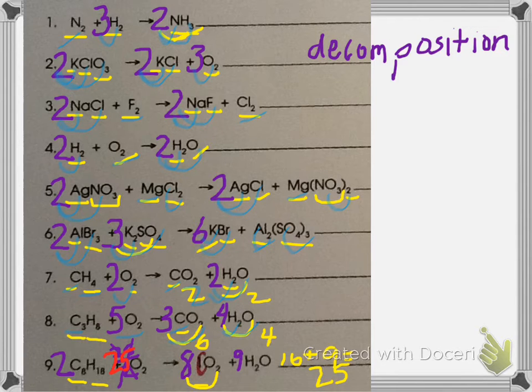This 8 multiplied by 2 is going to become 16. And this 9 is going to become 18. So I'm going to clean this up a little bit by erasing, and then we'll do a double check.